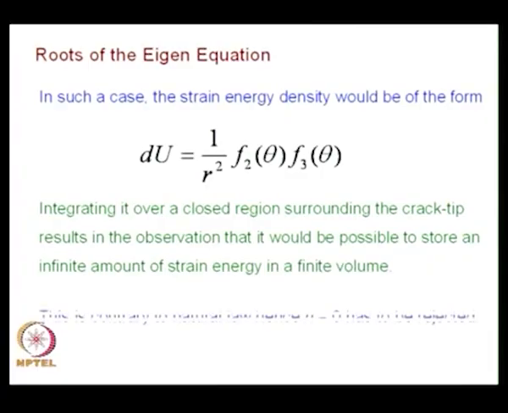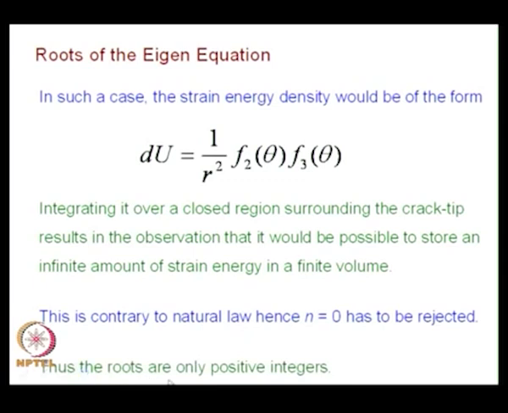If it is not possible, what should we say? We should say n equal to 0 is not an admissible root. That is the conclusion. So, finally, what do you get? The roots are only positive integers.